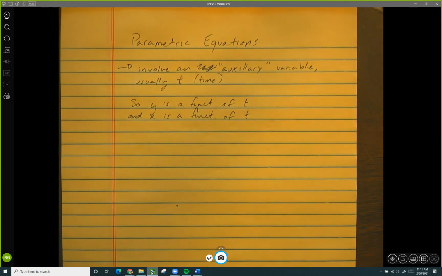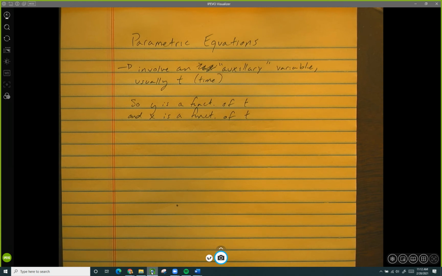With parametric equations, you're involving yourself with an auxiliary variable, a tertiary side variable. X and Y are independent of each other, but they're both dependent upon an auxiliary variable. Usually we think of it as time. I like to think of it as the Etch-a-Sketch functions. If you've used an Etch-a-Sketch before, one knob affects the horizontal movement of your drawing, and another knob affects the vertical nature of your drawing.